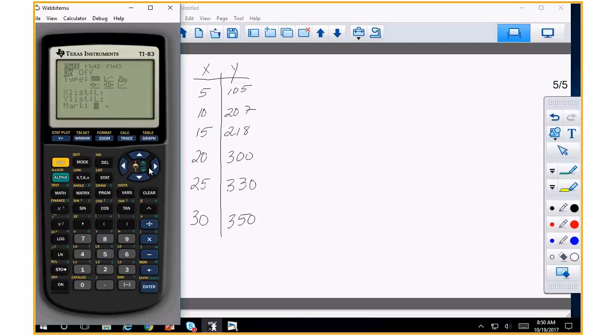And you can use dots, or you can use those things right there. I'm just going to use those. And hit graph. And you might have to hit zoom and stat, which I think is 9. And there's the points. So make sure you can do the stat plot so you'll know what it looks like.